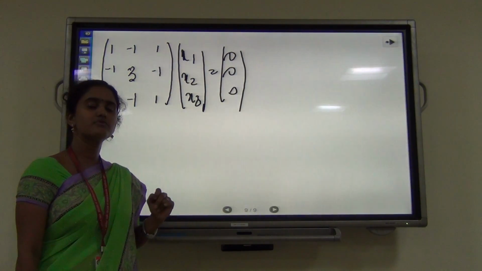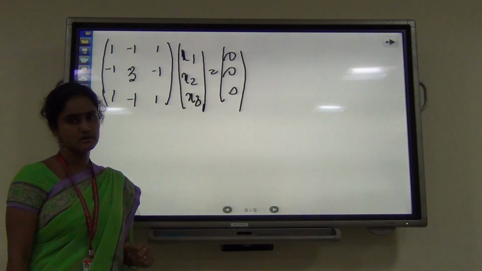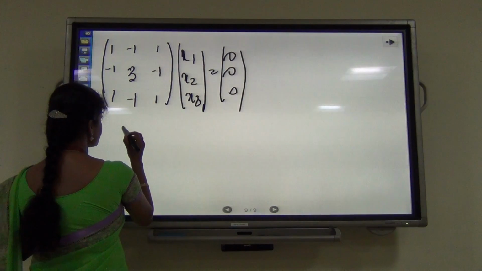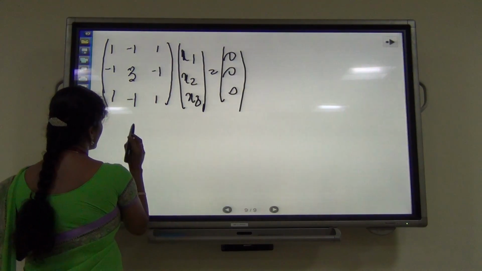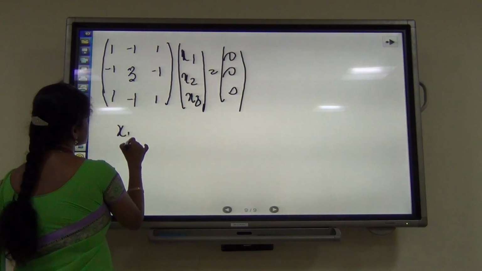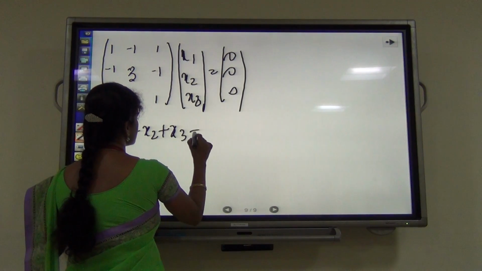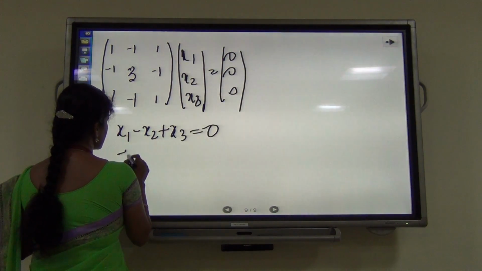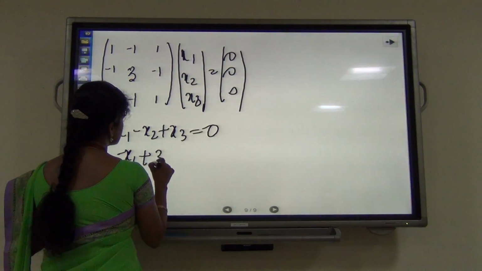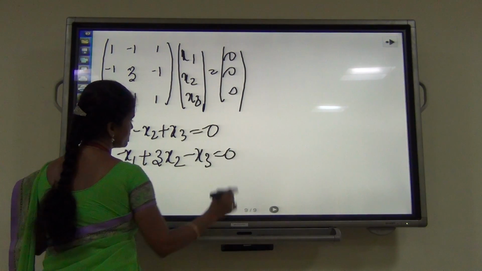Whenever we have two or three identical equations, we consider them as one equation. So as we write it, we get x1 minus x2 plus x3 is equal to 0, and minus x1 plus 3x2 minus x3 is equal to 0. So these are the two rows.